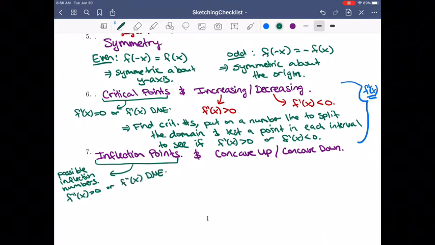So we find all those numbers, and then we do the exact same thing we did before.